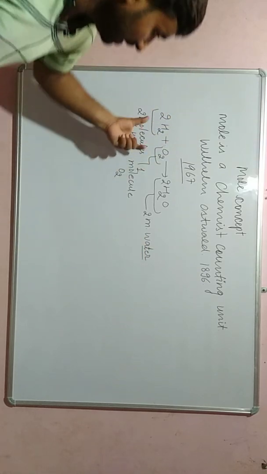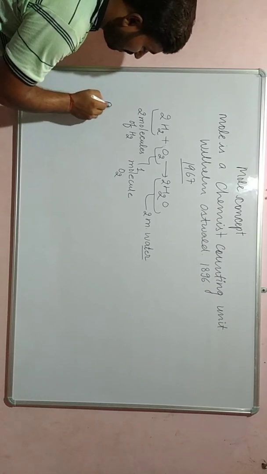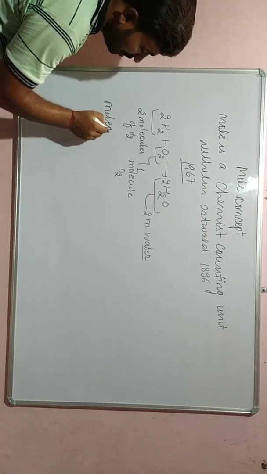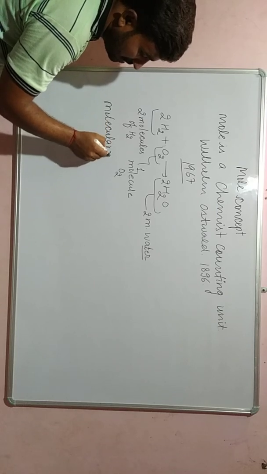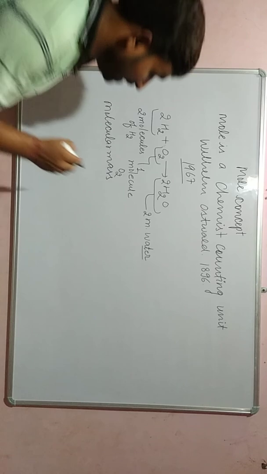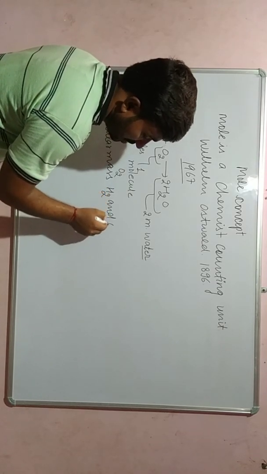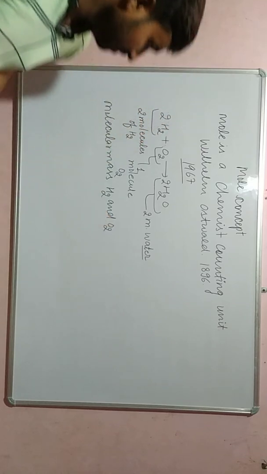This is the first method, and in the second we find the molecular mass of hydrogen and oxygen and combine them.